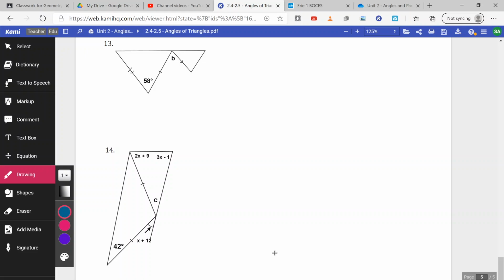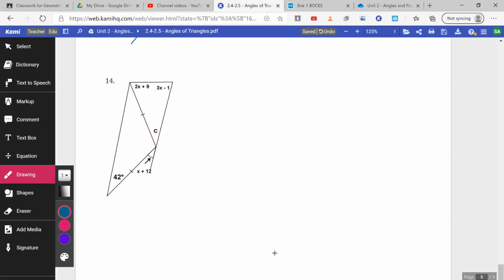So again, parallel lines cut by a transversal. So if I look at 58 and I look at B, they are on opposite sides of the transversal on the inside. So they're alternate interior angles. So this one's relatively easy. 58 equals B, alternate interior angles.